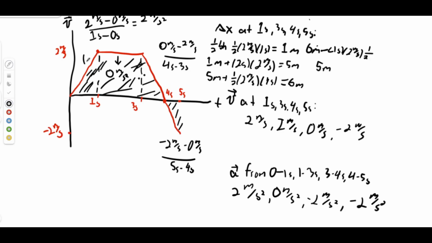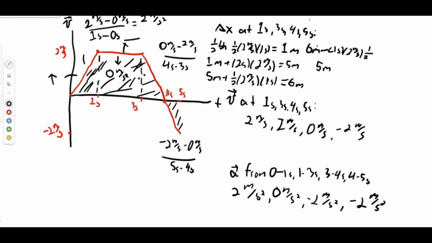Here, we look, what's the acceleration over this interval? 2 meters per second squared. What's the velocity here? It's positive, right? So here, it is speeding up. We're going to use that with an up arrow. Here, the acceleration is zero, so it's not speeding up or slowing down. So here, it's flat.